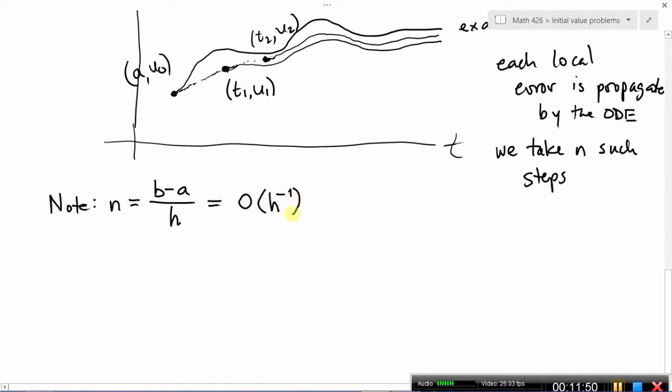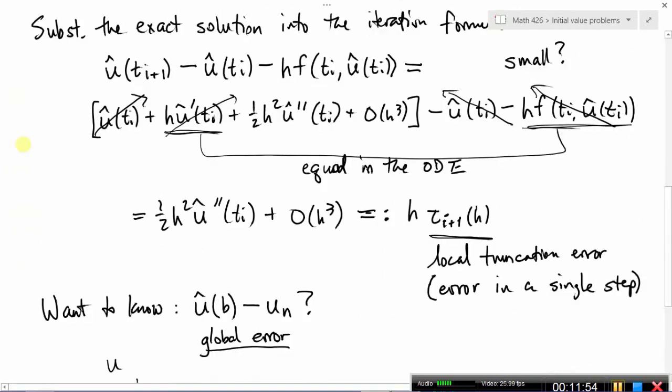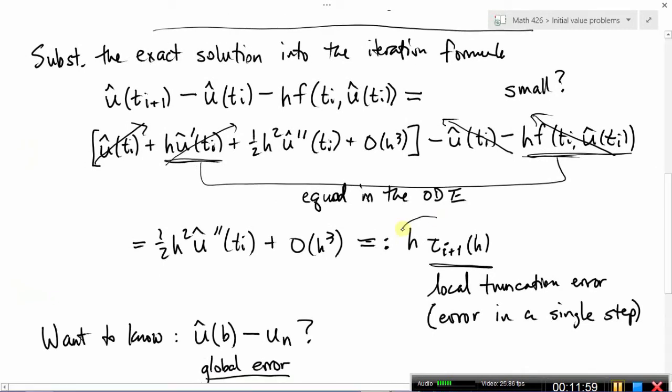And this is the reason why in the definition of the local truncation error we divided by h. So what we're saying is, in effect, if I cut h in half, well, I would expect things to get more accurate. But on the other hand, I'd have to take twice as many steps.